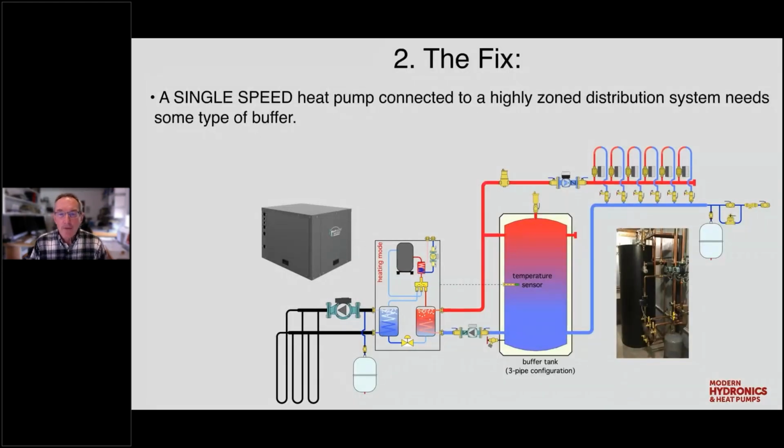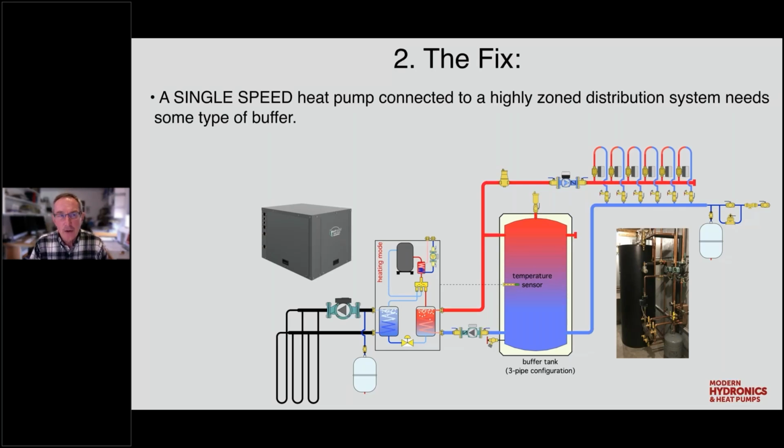So when you have a single speed heat pump, and again, I want to emphasize a compressor that just turns on or off, and that could be in either a water-to-water heat pump or an air-to-water heat pump, we need to have some kind of a buffering mass in the system. If it's a low thermal mass distribution system, like maybe fan coils or baseboard that are being serviced by the zone valves, we're likely going to use water as the thermal mass.